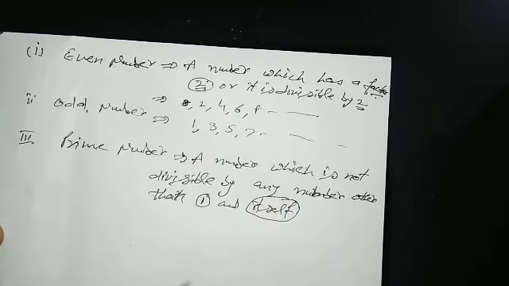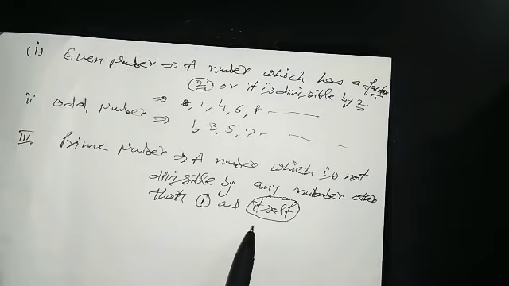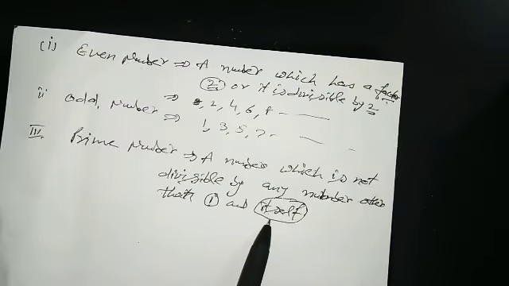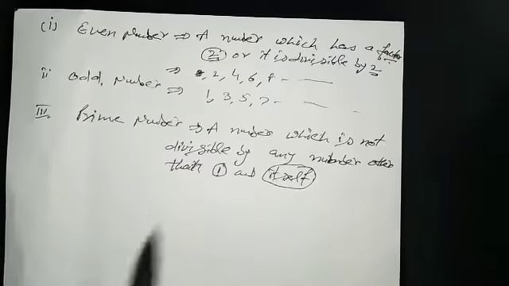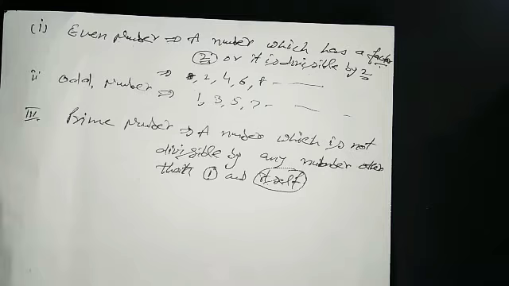Meaning a number which is divisible by 1. As you know, every number is divisible by 1, so I take 1, and itself. And this is a natural property that every number is divisible by itself. So except 1 and itself, there is no other number which can divide the prime number.